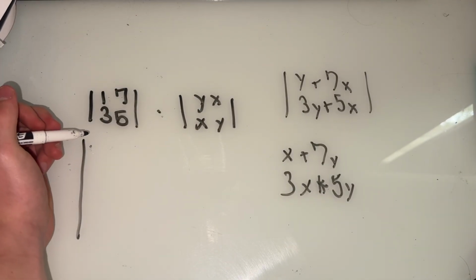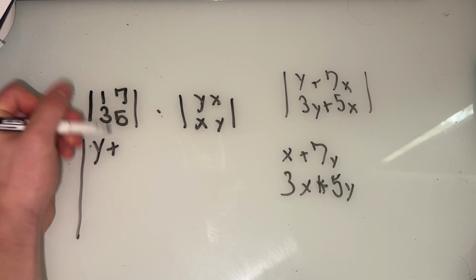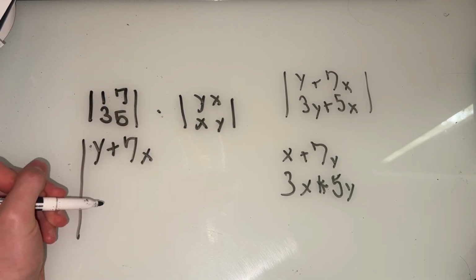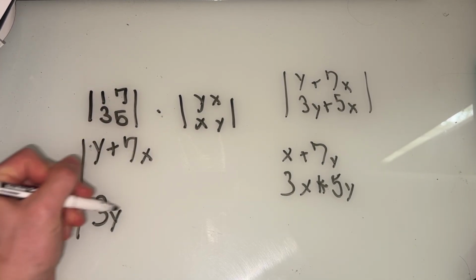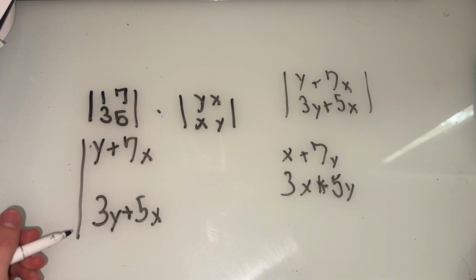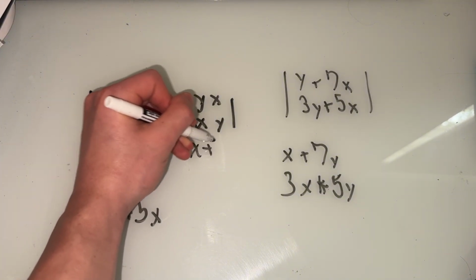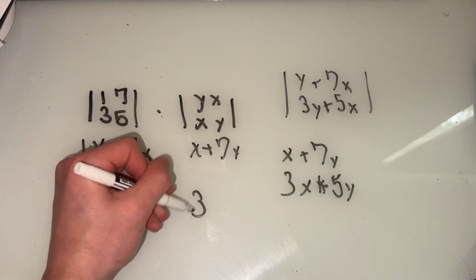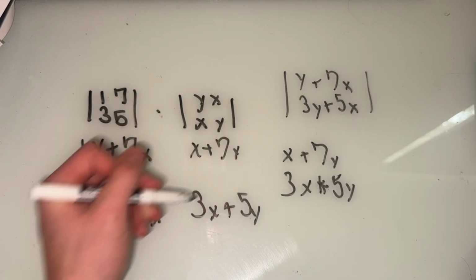So the final matrix will be y plus 7x, 3y plus 5x, x plus 7y, 3x plus 5y.